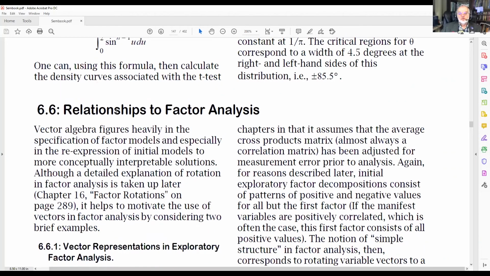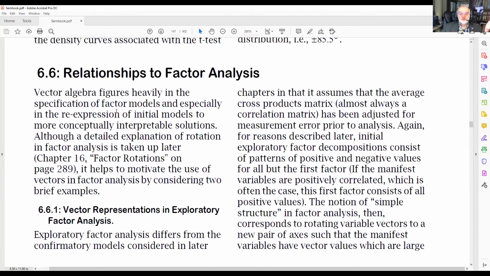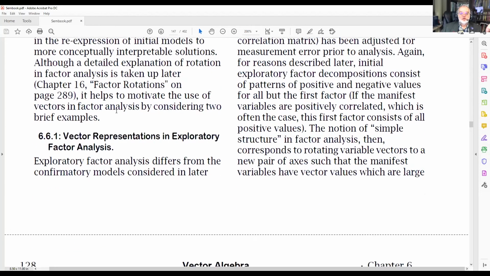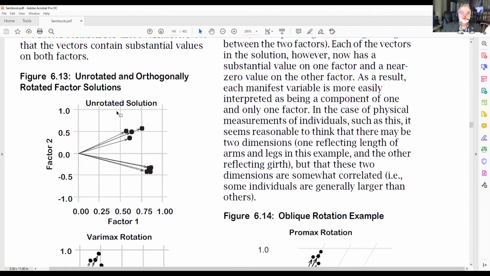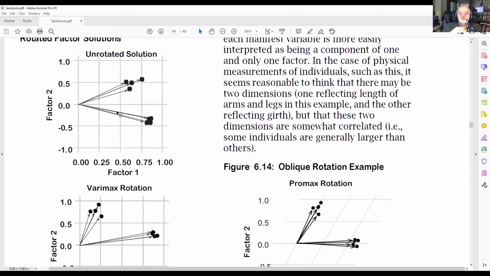So why do you care about vector algebra in this class? Well, in factor analysis, we talk about our variables as being vectors. And for reasons that will come to the fore when we talk about exploratory factor analysis, it does a couple of things.